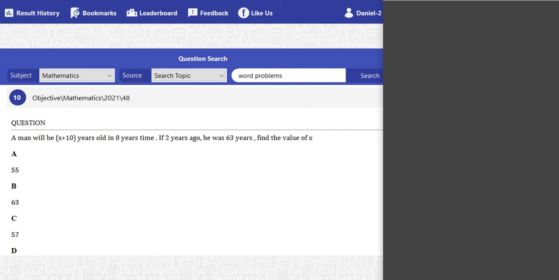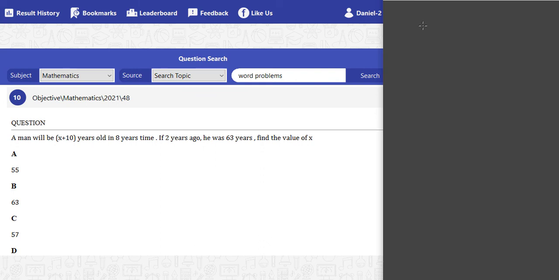So how do you interpret this problem? The major challenge is interpretation. How do you actually convert this problem into mathematical symbols? So let's look at it this way. A man will be x plus 10 years old in 8 years time. Just try to express it the way they said it.